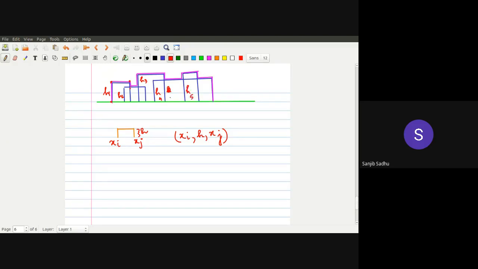There are 5 buildings, I think. 1, 2, 3, 4, 5, right? And their coordinates, suppose I'm just writing 2, 4, 6, maybe 10, 12, 20, 30, 35, 40, 80. These are the coordinates. So what will be the output?